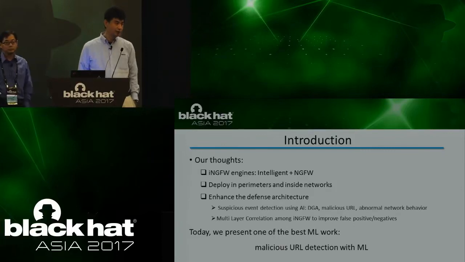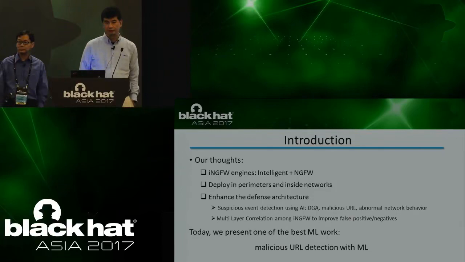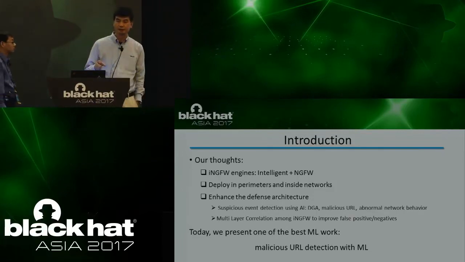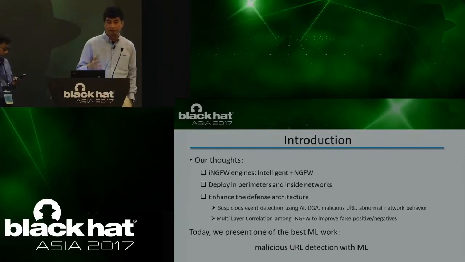For ourselves, we call the technology the NG firewall, where the N means intelligent. That means we not only study and use intelligent machine learning, we also combine it with NG firewall technology.